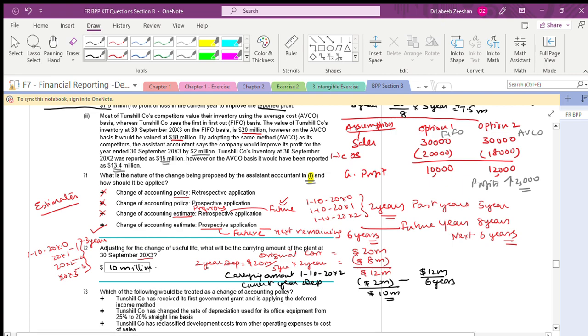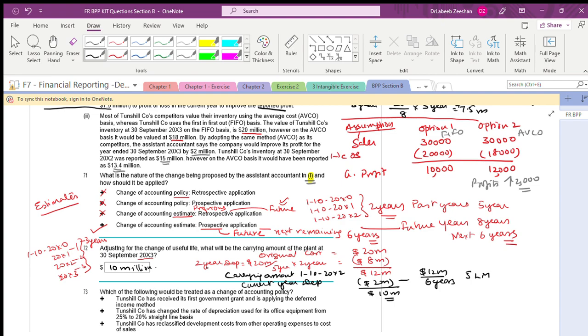You got the things? First you take 20 million. For 2 years we have already done it, it is not retrospective, it is prospective. 8 million, carrying amount is 12 million, and from 12 million we take each year for the next 6 years. This is based on the straight line method. Fine. The answer is how much?